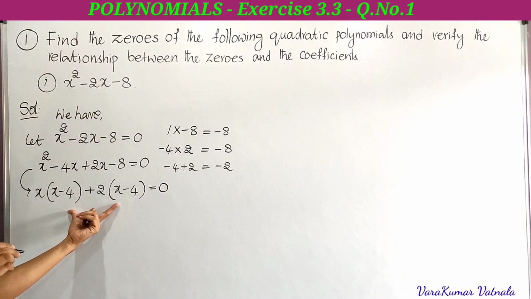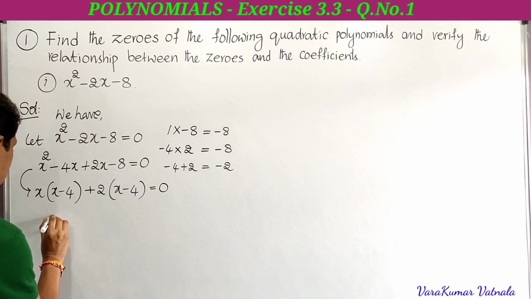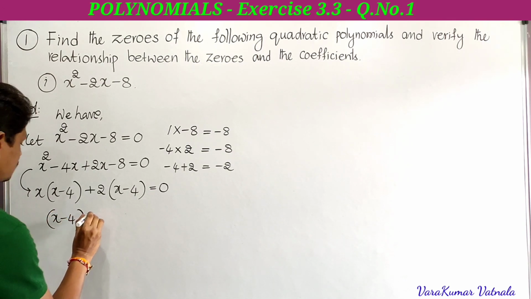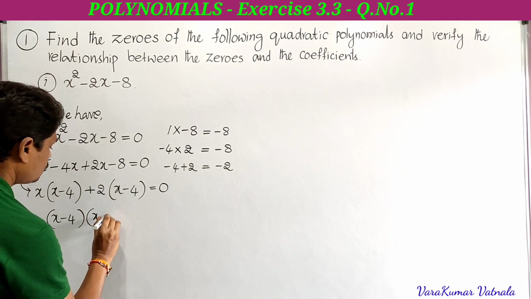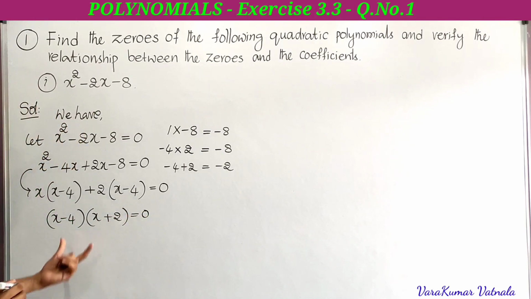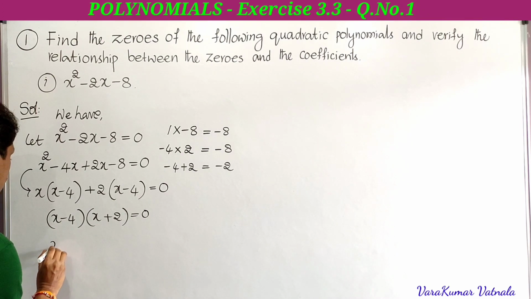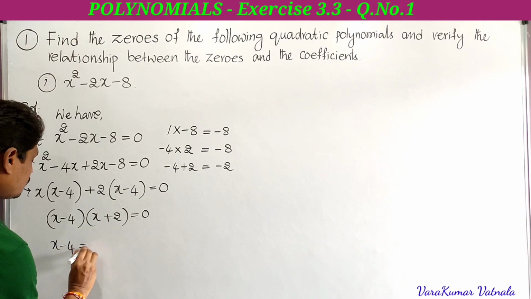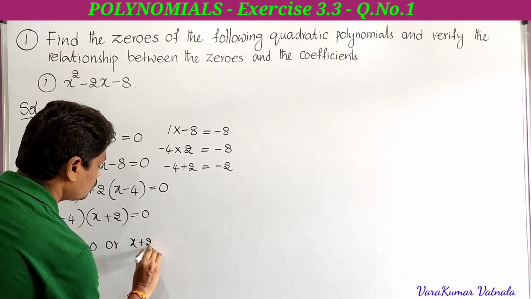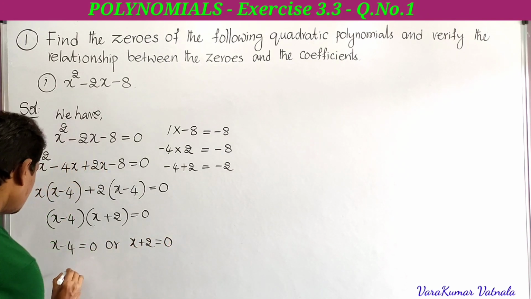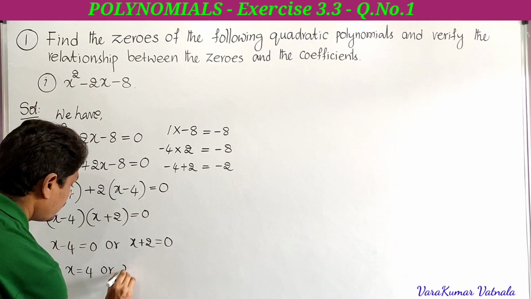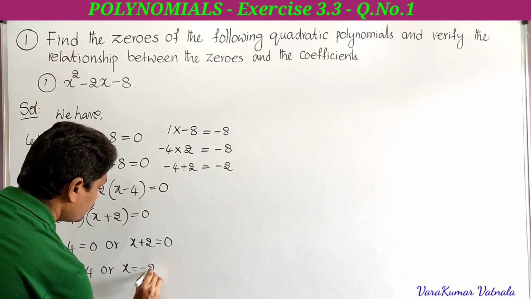Again in these two terms x minus 4 is common. So take x minus 4 as common. Here x is there and here plus 2 is there. So x minus 4 into x plus 2 is equal to 0. From this we can write x minus 4 is equal to 0 or x plus 2 is equal to 0. From these two we get x is equal to 4 or x is equal to minus 2.